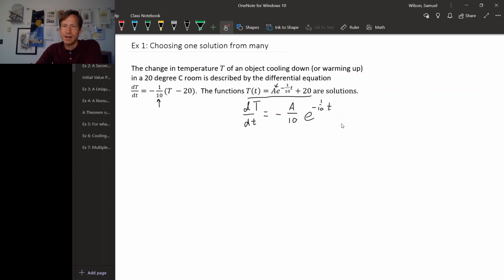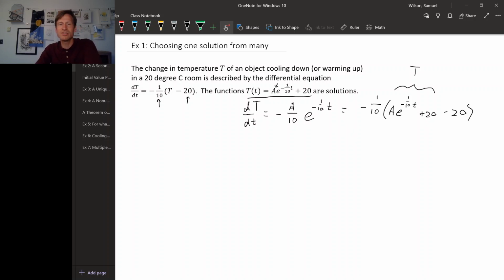And comparing that to the right-hand side of the equation, minus 1 over 10 times capital T, which is A e to the minus 1 over 10 t plus 20. So this whole part is T minus 20, because that's part of the differential equation over here. When we simplify that, that does indeed equal dT/dt.